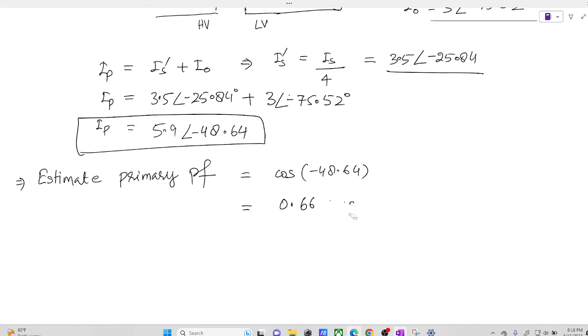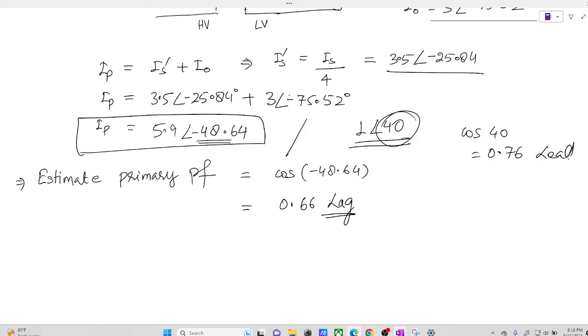You cannot leave this simply, you need to comment: since this current is bearing a negative sign, you need to say it is 0.66 lag. Had this current been something like 1 at angle 40 degrees, you would write cos 40 is 0.76, and you will mention it as 0.76 lead in this case, since the current has a positive angle.